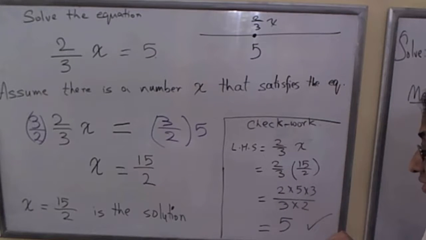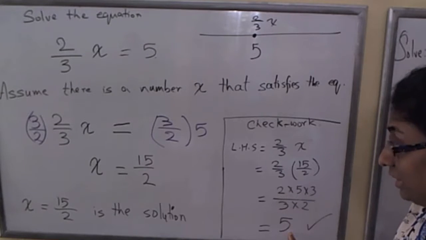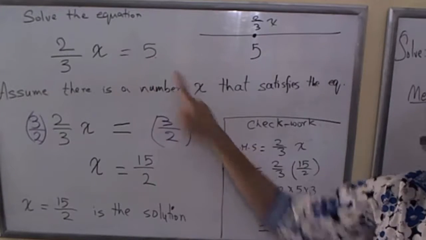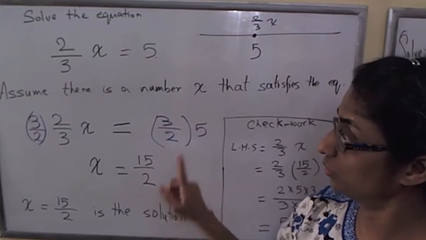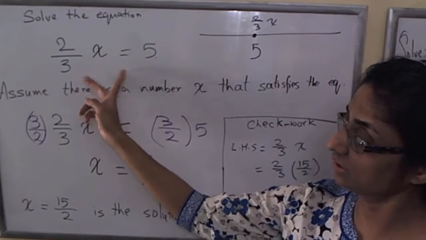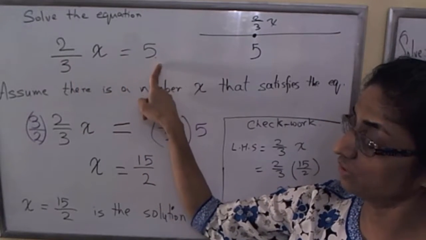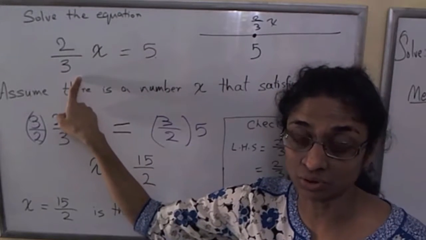Now using the cancellation law of fractions, I can cancel the 3 as a common factor. 2 is a common factor. I can cancel those and I'll be left with 5, which is this. And so everything works out. We can see x equals 15/2 does satisfy the equation. So when you have a situation like this, 2/3 times x equals 5, do not convert 2/3 into a decimal.